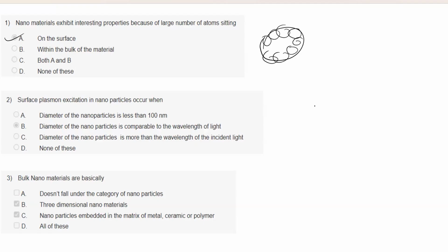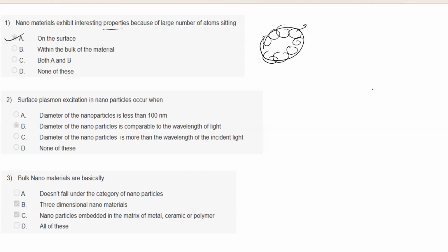That's what gives them their interesting properties. Since these surface atoms have unsatisfied valencies, they provide wide sites for reactions to take place.